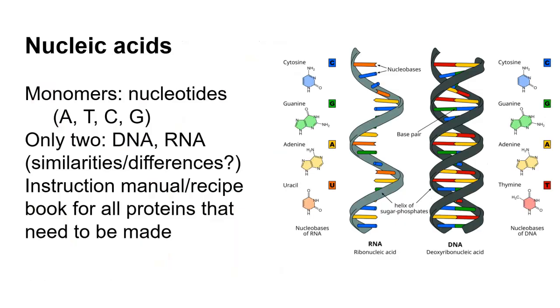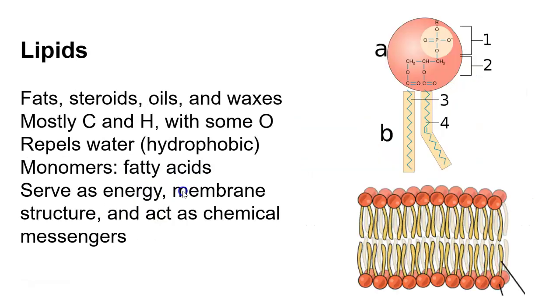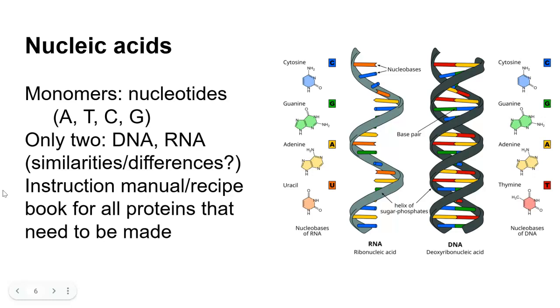Okay, nucleic acids. There are two examples of nucleic acids. One is RNA and one is DNA. We know about DNA. This is the recipe book for our proteins, the instruction manual for our proteins. Nucleic acids are made of nucleotides. These are the monomers.